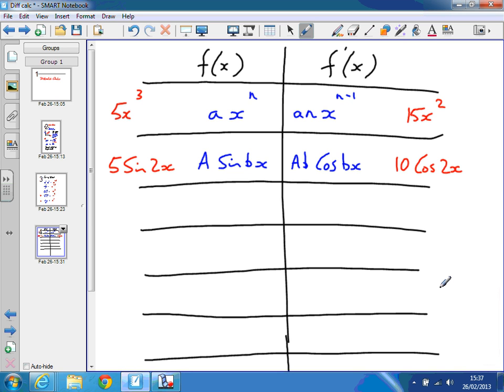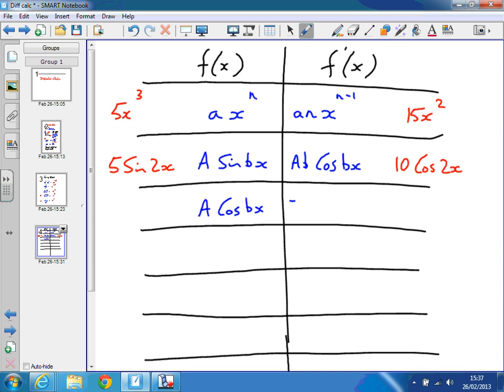After the sine function, we look at the cosine function, a cos bx. Only one difference: the cosine changes to a sine, but now it becomes negative.